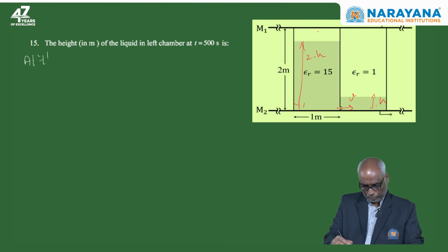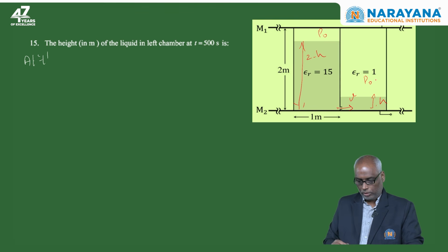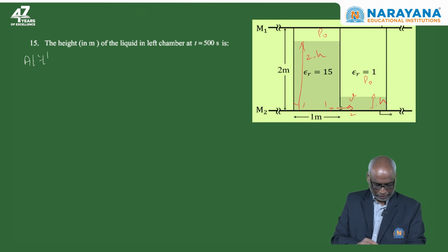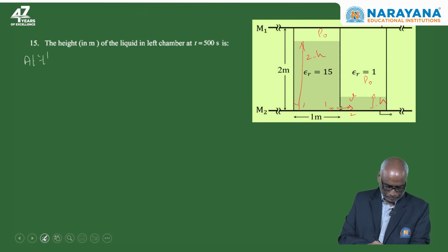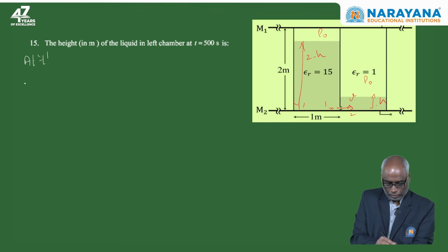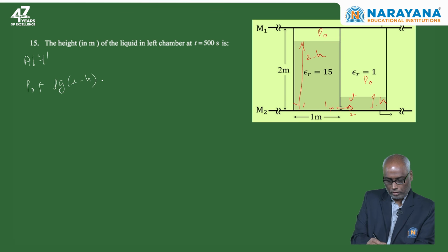The pressure of the air above is P naught. At the bottommost points in the left chamber and right chamber, these 2 points are 1 and 2. At those 2 points, when we apply Bernoulli's principle, on the left side the total energy per unit volume becomes P naught plus rho g into 2 minus h, and because it is a wide chamber, the kinetic energy is approximately 0, so plus 0.